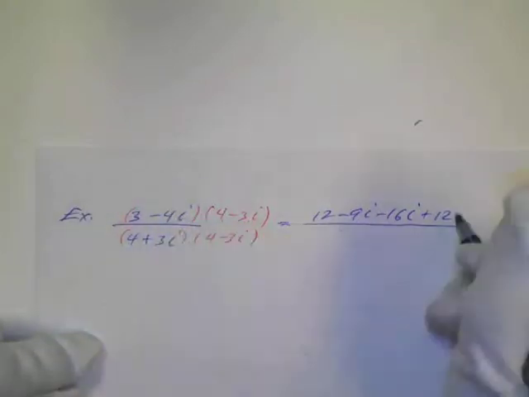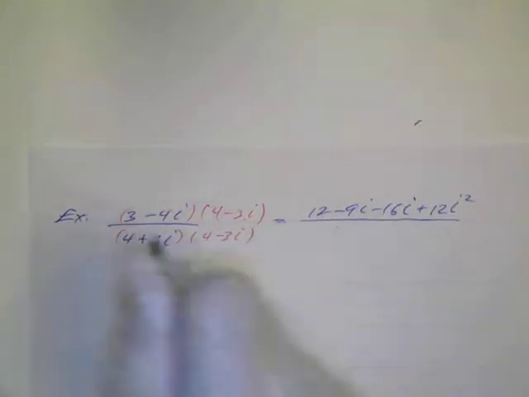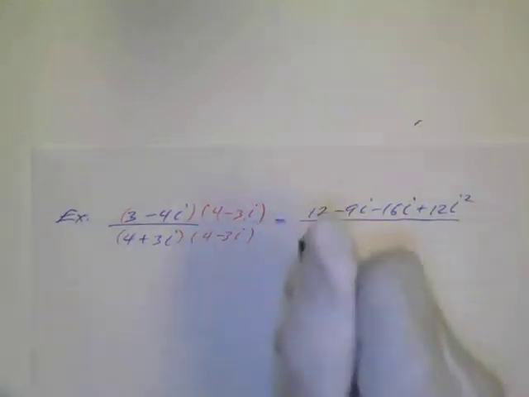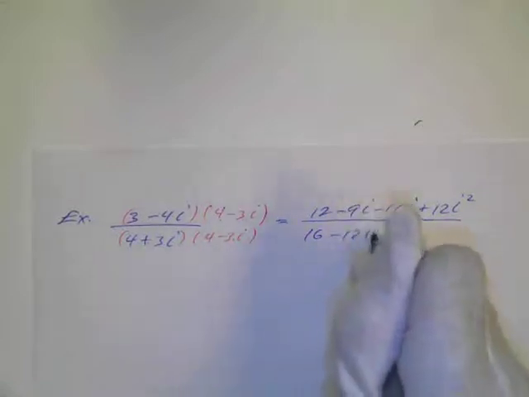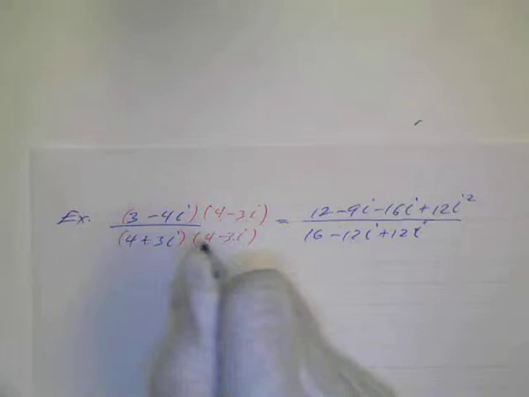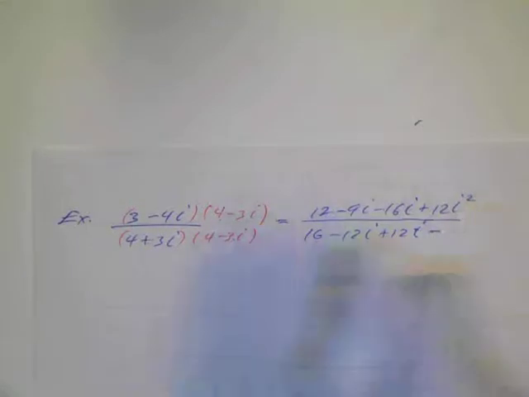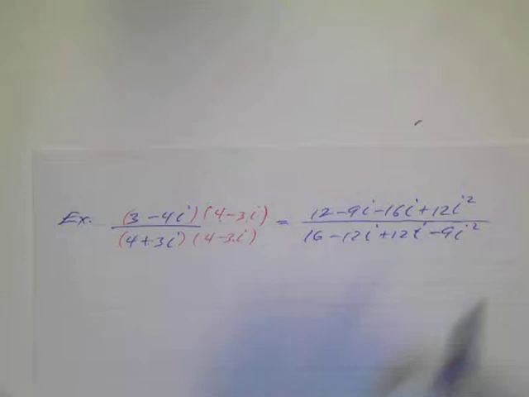And i times i is i squared. And in the bottom we've got 16. And then we've got -12i and +12i. And then a positive times a negative is a negative. 3 times 3 is 9. i squared, remember i squared is negative 1. We've got some negative 1s going on here.